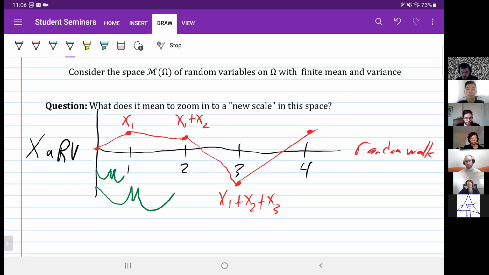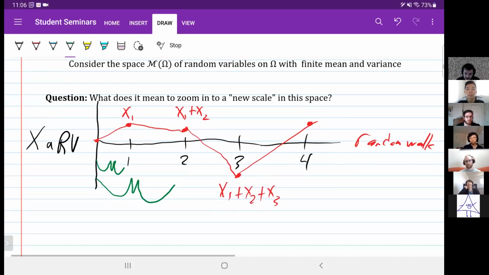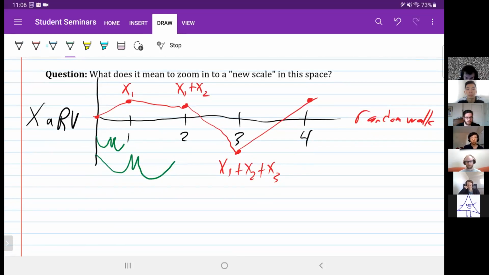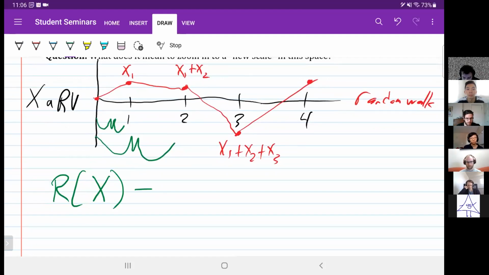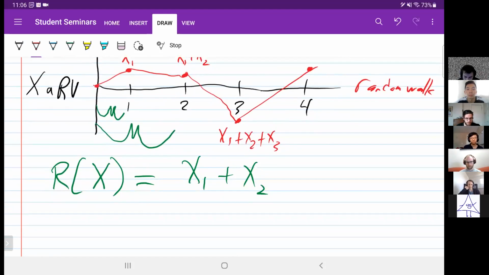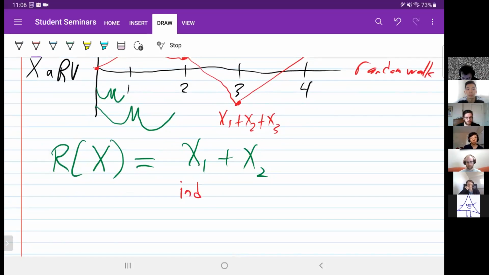So time is shrinking by a factor of 2, and we're just generating 2 random variables at once instead of 1. And so in this sense, our rescaling map is R, script R, acting on X by x1 plus x2, where x1 and x2 are independent with the same distribution.